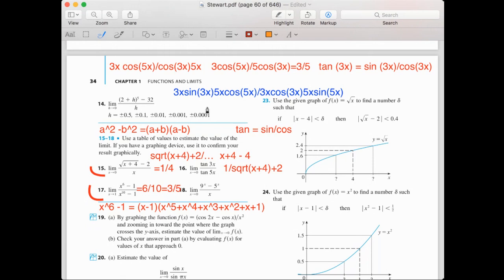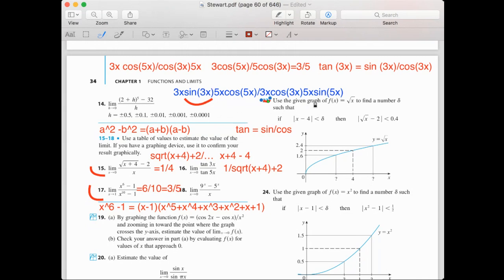Now I want to pair them up. I have sine 3x here and 3x in the denominator. Taking the limit as x approaches 0, that becomes 1.